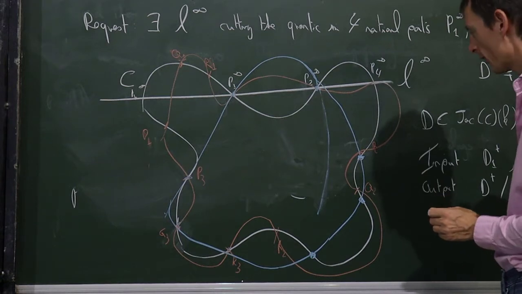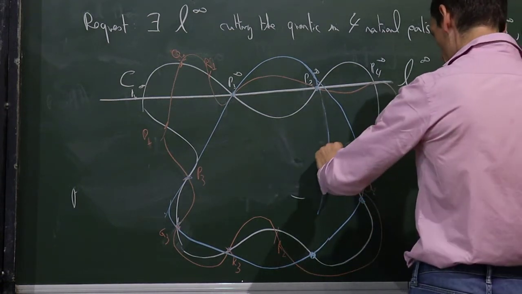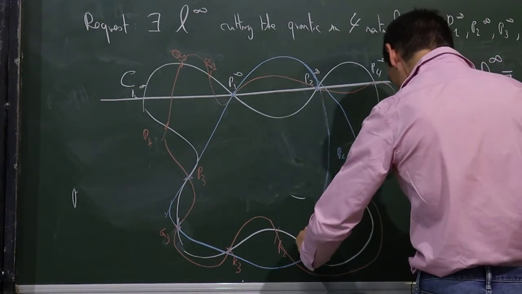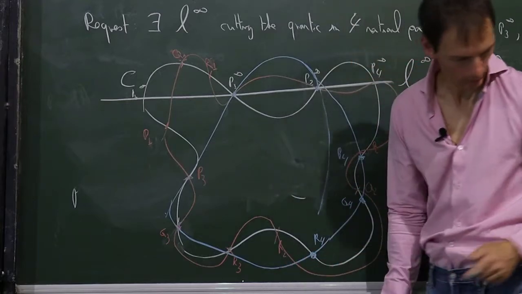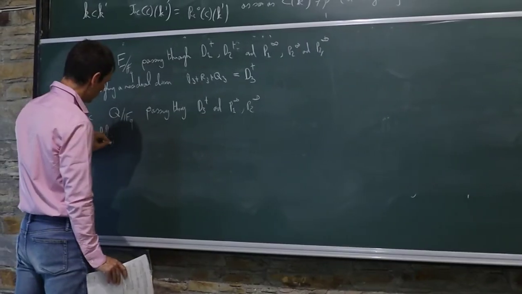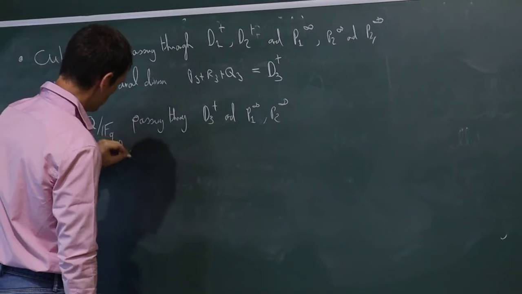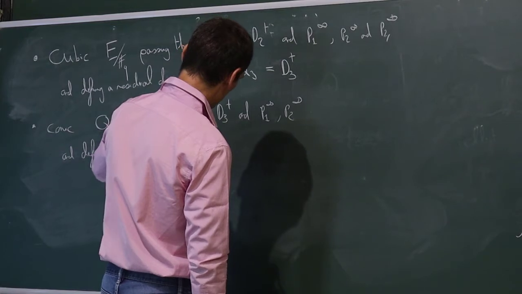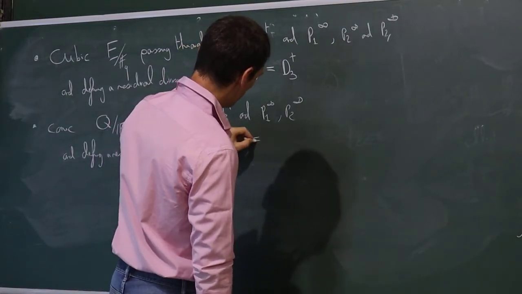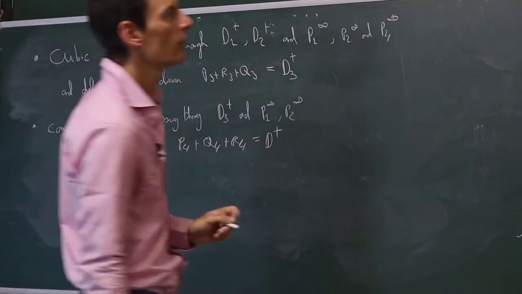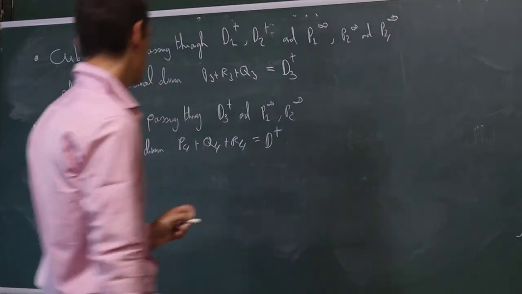So let's denote it P4, Q4, R4, defining a residual divisor P4 plus Q4 plus R4 that I denote D plus.